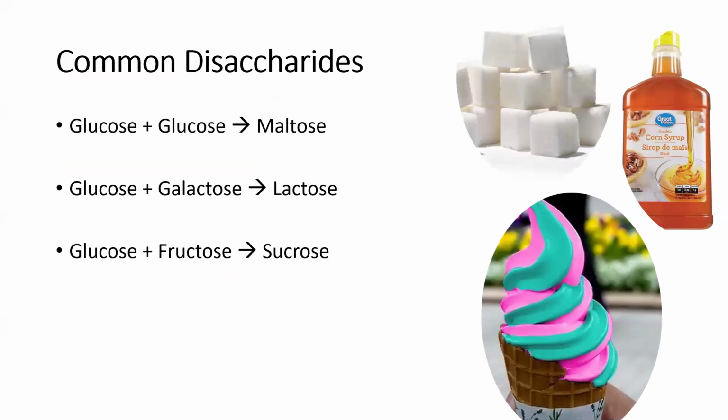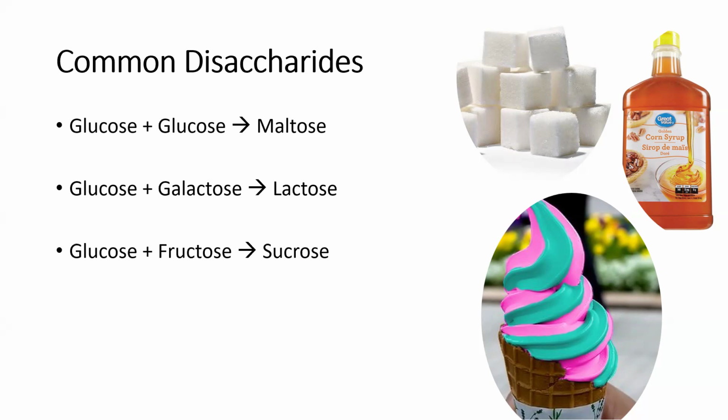Let's take a look at the various combinations you can get by combining the different monomers. You can take glucose plus another glucose, and you will get maltose. If you look at the ingredients of a candy bar, you will almost always see maltose.